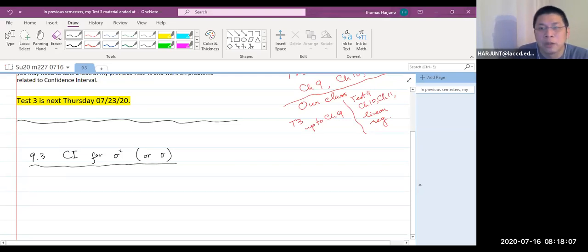Now, the way we construct a confidence interval for sigma squared here is not taught in a lot, not only a few, not only some, but a lot of universities.